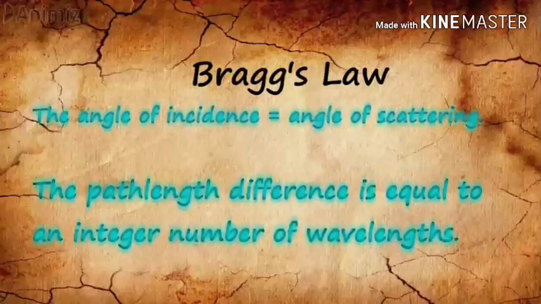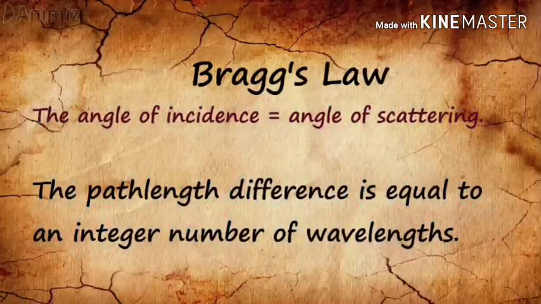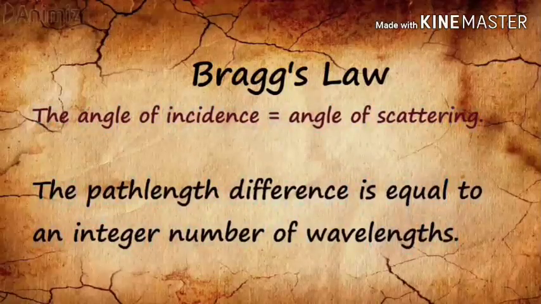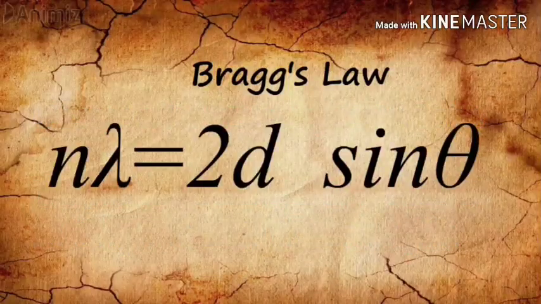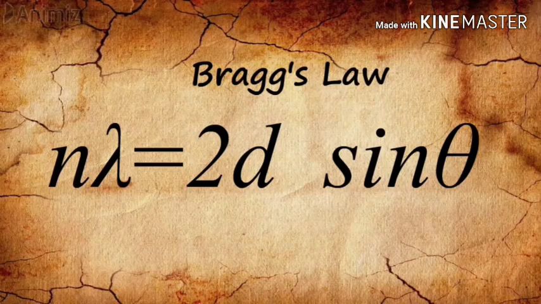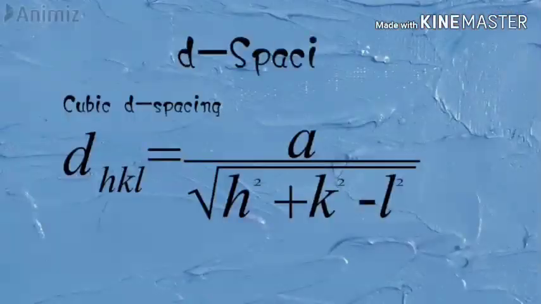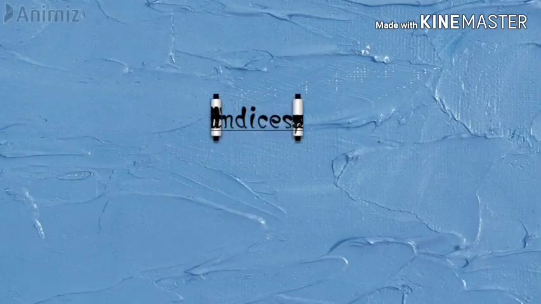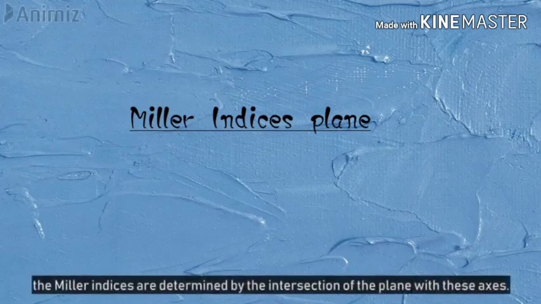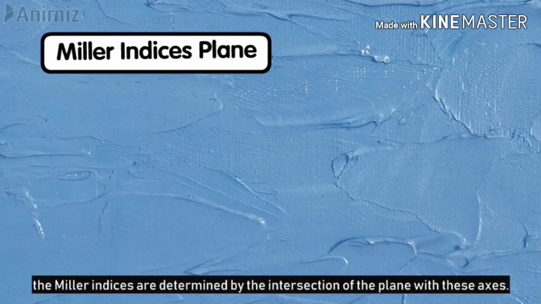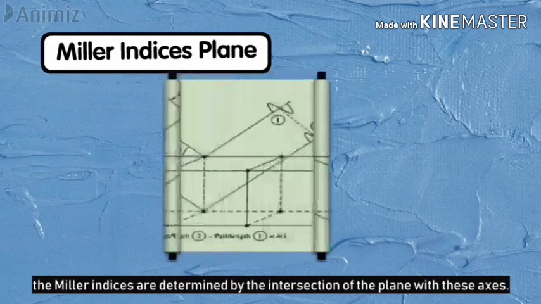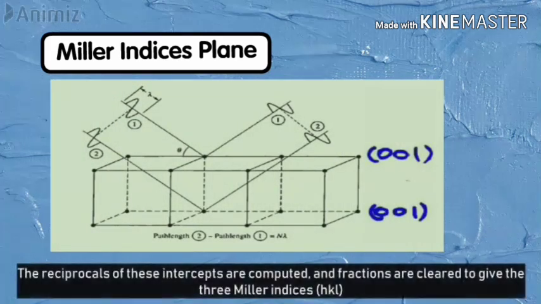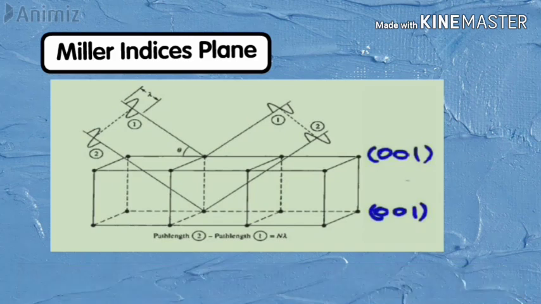Bragg's law happens when X-rays are scattered from a crystal lattice. Miller indices are determined by the intersection of the plane with these axes. The reciprocals of these intercepts are computed and fractions are cleared to give the three Miller indices.